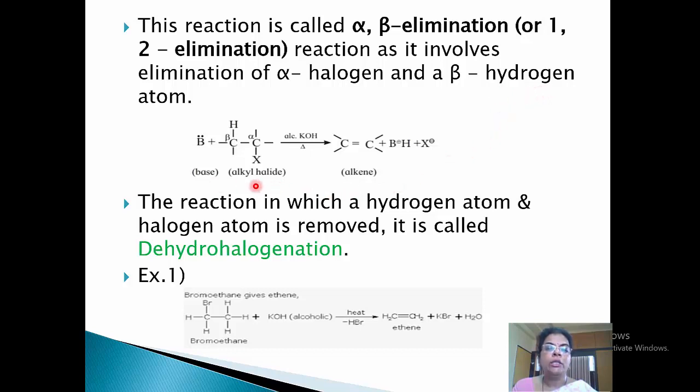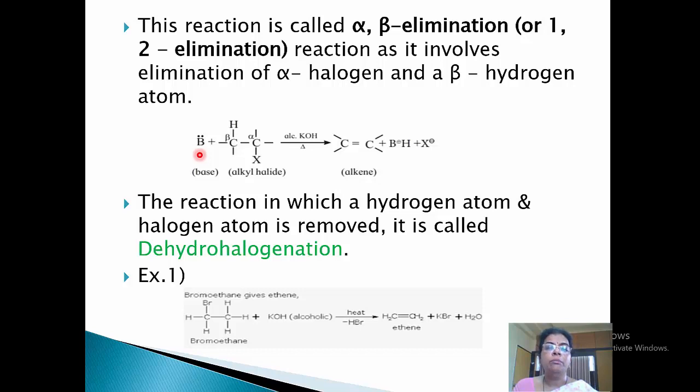Now look at this reaction. This is alkyl halide. When this alkyl halide is heated with alcoholic KOH, the halogen atom in the alkyl halide is more electronegative. By inductive effect, it withdraws electrons towards itself from the carbon atoms, and therefore this is a polarized molecule. Therefore when it is heated with alcoholic KOH, KOH is a base.